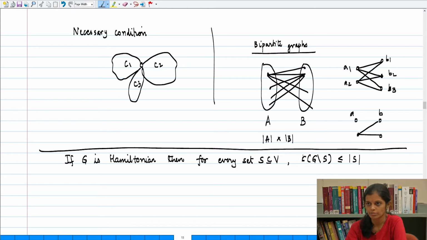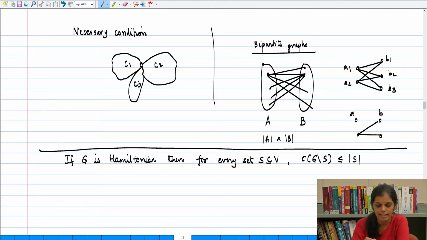We know how to count the number of components. We count that and we compare it with the size of the set S. Then for every such set, we must see that the number of components that we get is less than or equal to the size of the set itself. This is what it says. So if G is Hamiltonian, then for every set this holds. That is all it is saying, right?